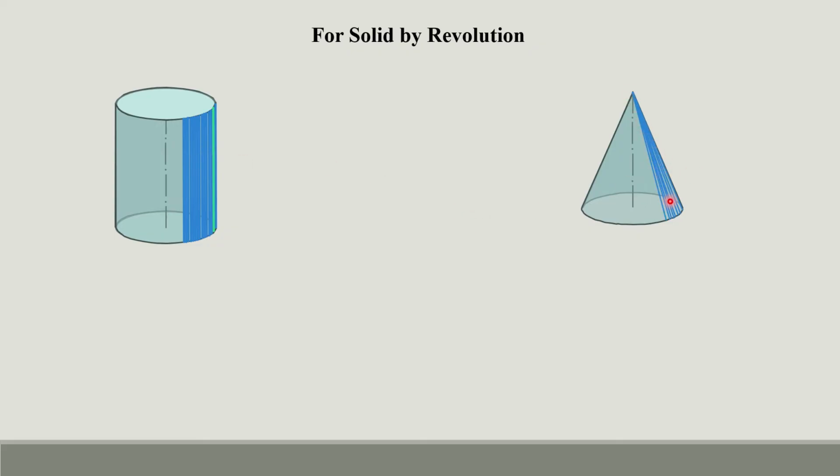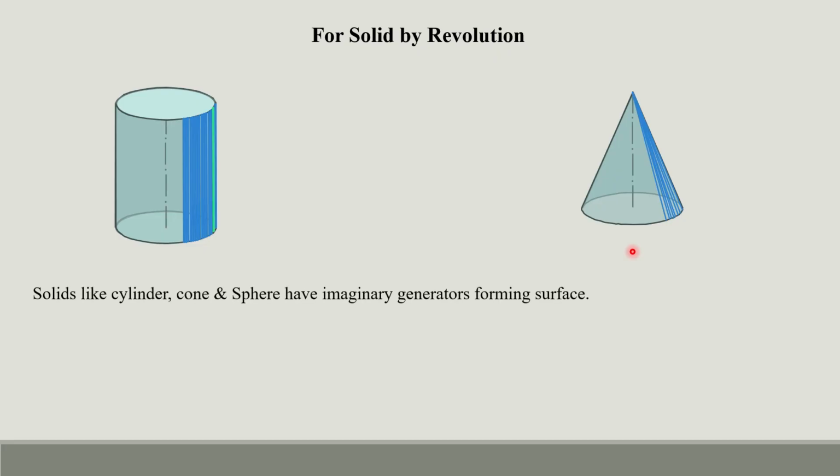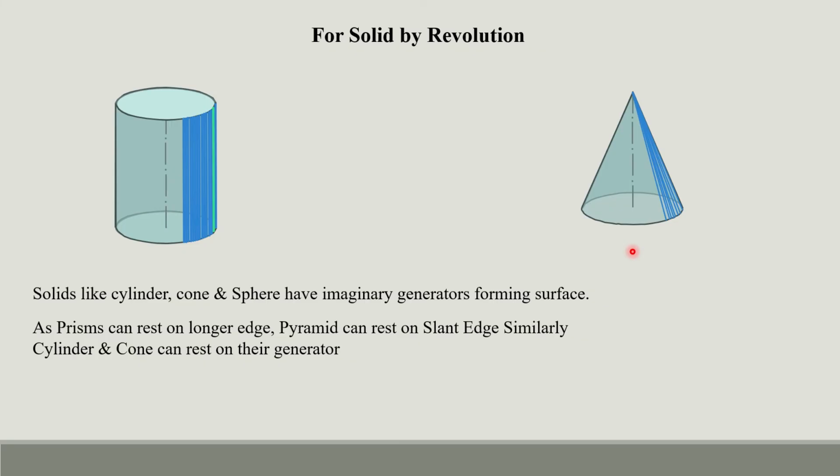Similarly, here you can see the generators. They form the surface. In the case of cylinder, cone and sphere, we have imaginary generators forming the surface. As prisms can rest on longer edges, pyramids can rest on slant edges. Similarly, cylinder and cone can also rest on their generator.